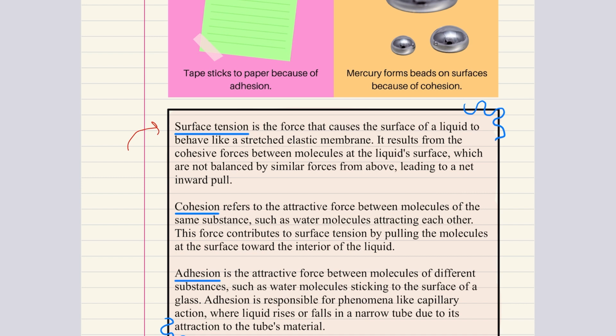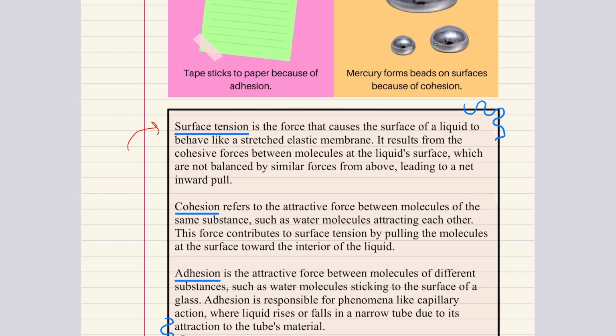As a result, the surface of a liquid tends to contract and minimize its surface area, creating an effect similar to an elastic membrane. This is why water droplets form nearly spherical shapes. A sphere has the smallest possible surface area for a given volume.